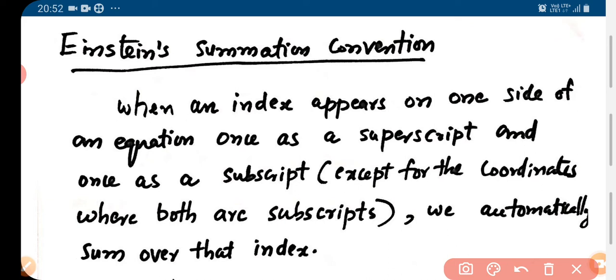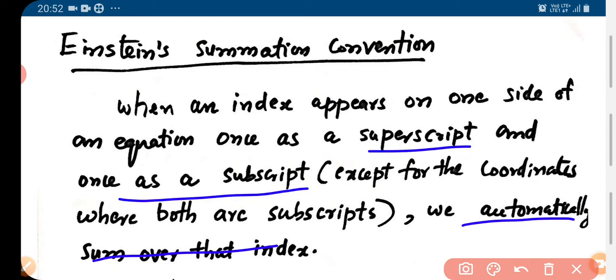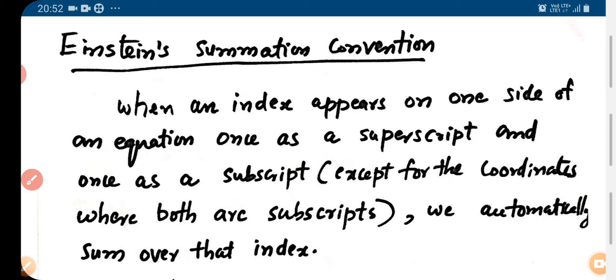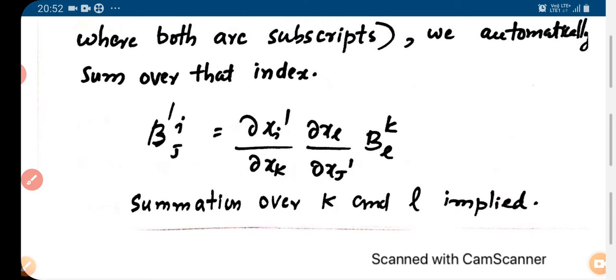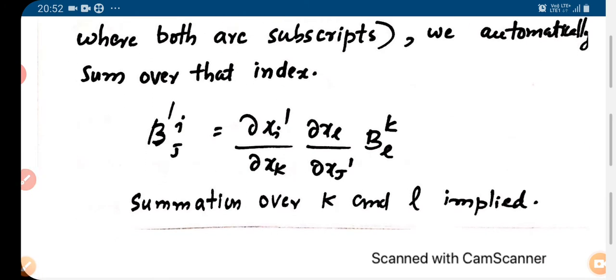Then we automatically sum over that index. So when an index appears twice, once as a superscript and once as a subscript, we automatically sum over it. We need not write the summation symbol. If an index is repeated, it automatically means you have to sum over that index. This is the Einstein summation convention.